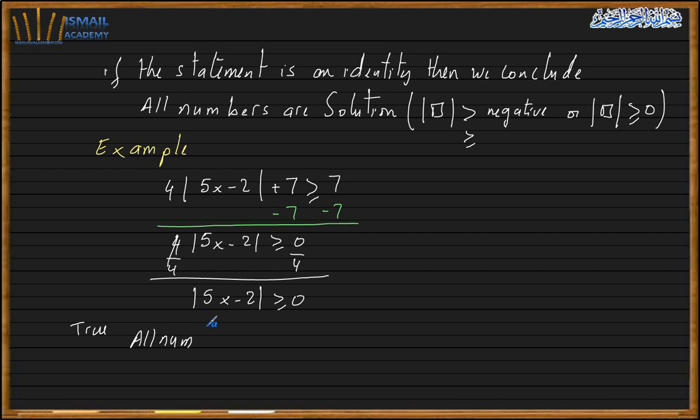Work for me here. Minus the absolute value of 2x minus 8 plus 9 is less or equal than 13.